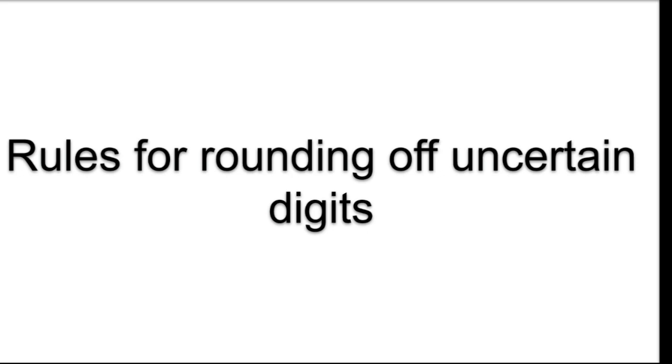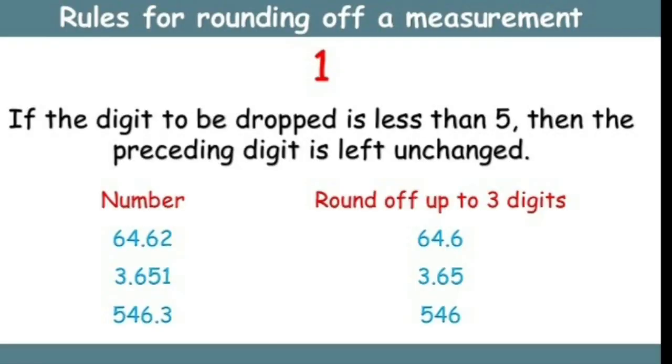So now we are discussing, it's very simple, the rules for rounding of the uncertain digits. Okay. So what is the first rule? If in a measurement or after doing calculations, many digits come after the decimal point, certain digits we have to eliminate.